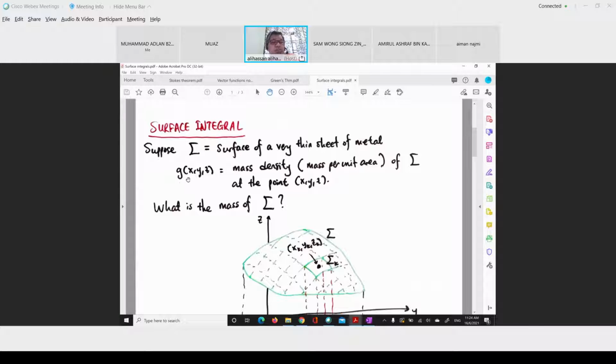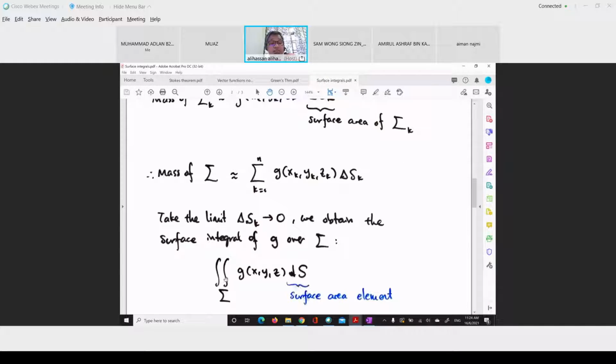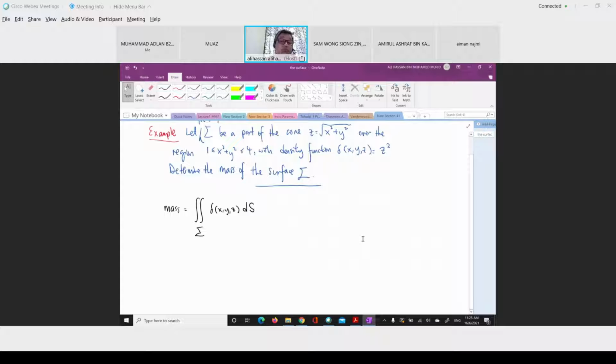In our discussion here, we use g to represent mass density, and here g is equal to z squared.